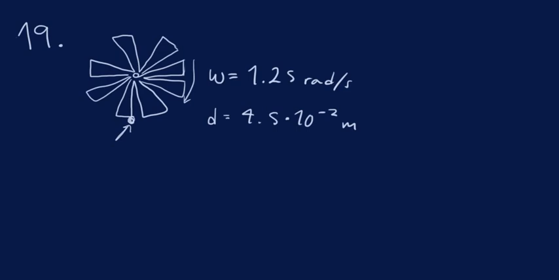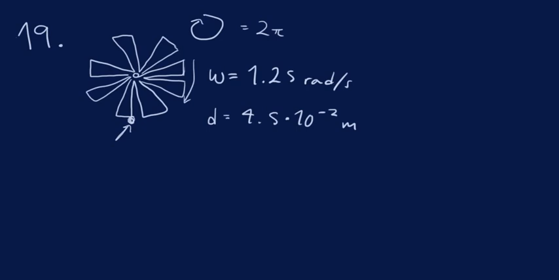So this looks like a complicated problem, but we're just going to break it down into parts. The first thing is we know that a full revolution around the circle is going to be equal to 2 pi, and there are 8 blades, and there are also 8 gaps between the blades.